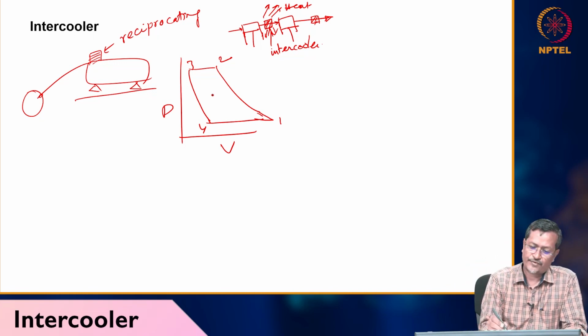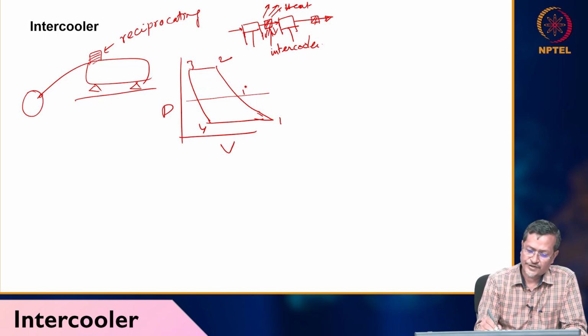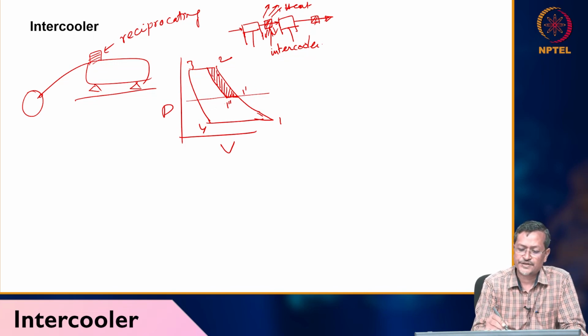Then what will happen? First you compress up to this level, 1 dash, then you cool it. When you are cooling, your pressure is the same, volume goes down. Now again you compress. So this much energy saving will be there because of your cooling arrangement, 1 dash, 1 double dash. In between that area you are saving energy.